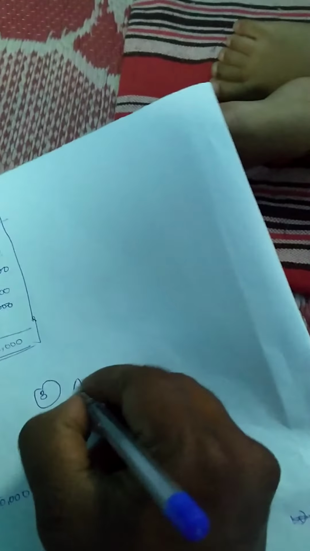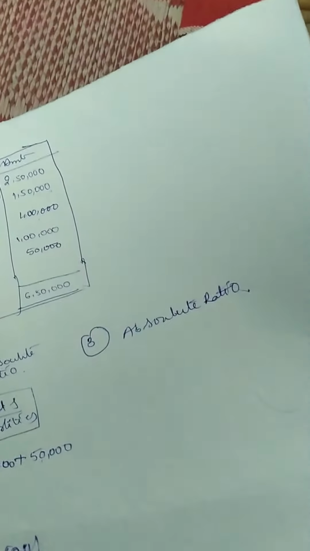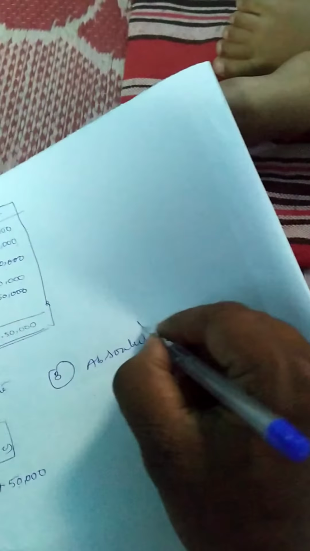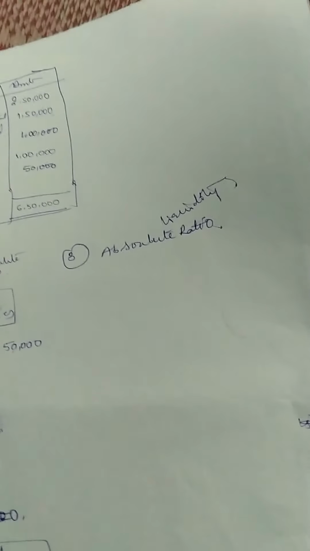What is that? Absolute liquidity ratio. So what is the formula?